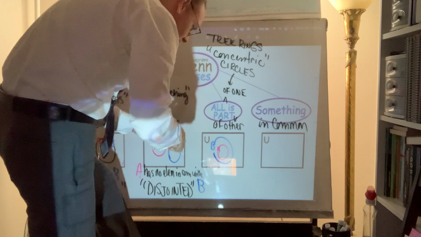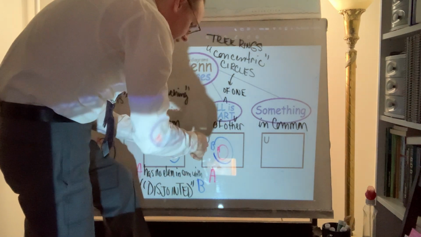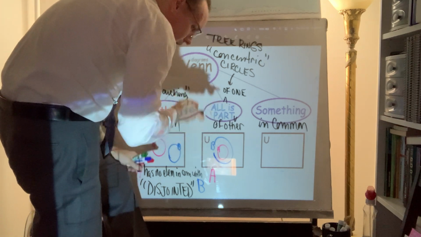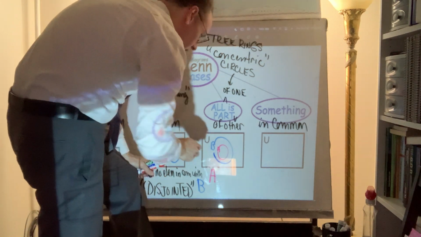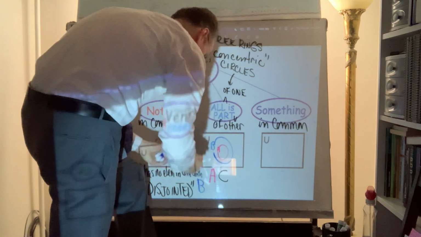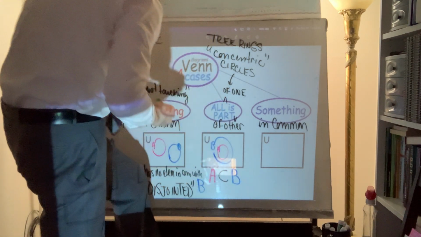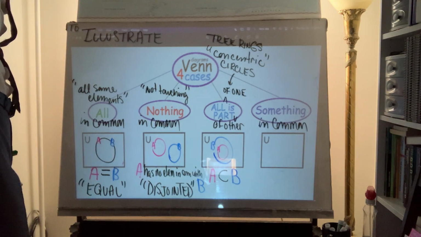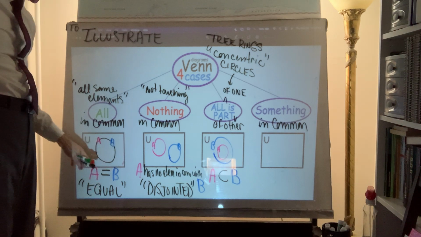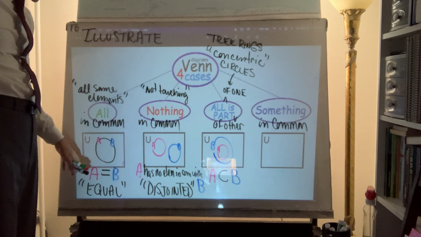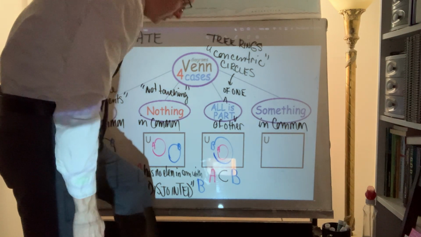What that is indicating is that A is a subset of B. Technically, equal would be a better term here, but technically these would be true subsets as well if they have exactly the same elements.